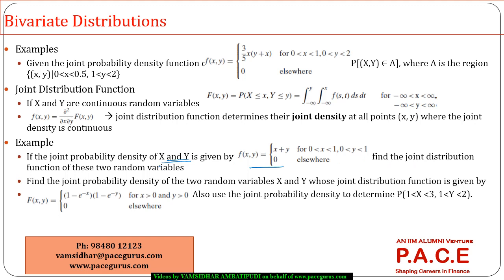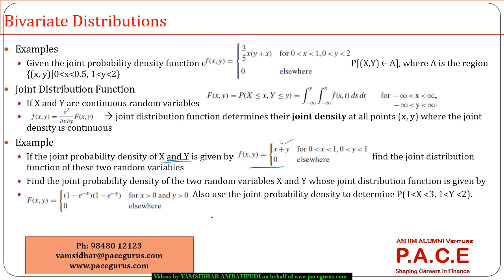This is the density function where f of xy is x plus y for x lying between 0 and 1, y also lying between 0 and 1, and it is 0 elsewhere. So we can very well get that because x is greater than 0 and y is also greater than 0.